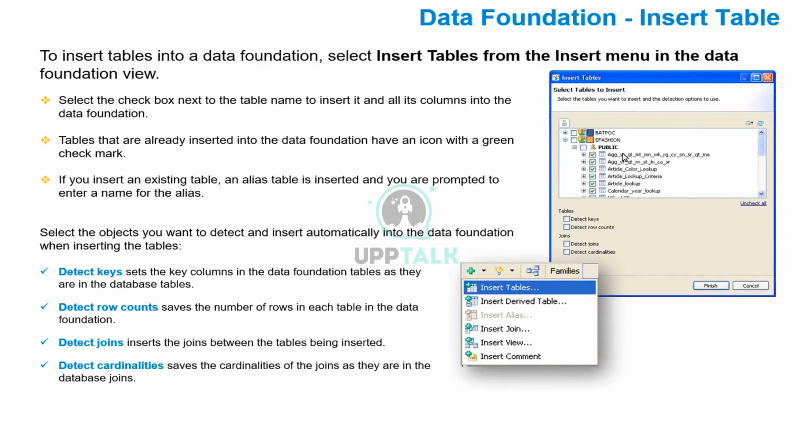We already created a connection to some database data source. Whatever tables are there in that connection in that data source will appear here. Based on our requirement, we can select the tables in this checkbox and then click on finish. Once we select all the required tables, all the tables will be inserted in our data foundation.